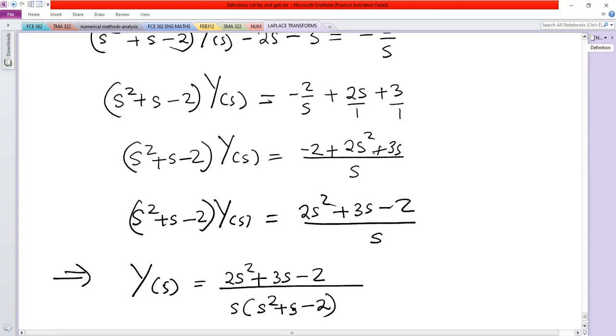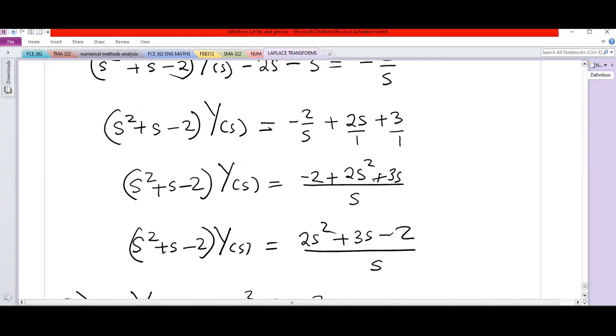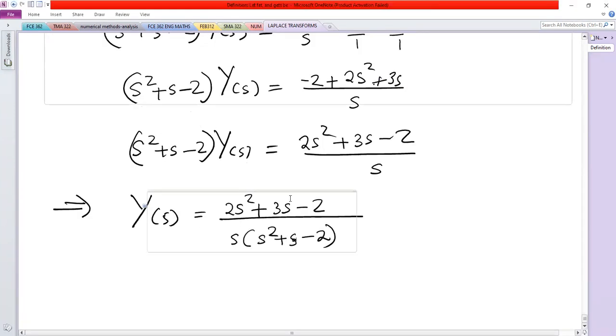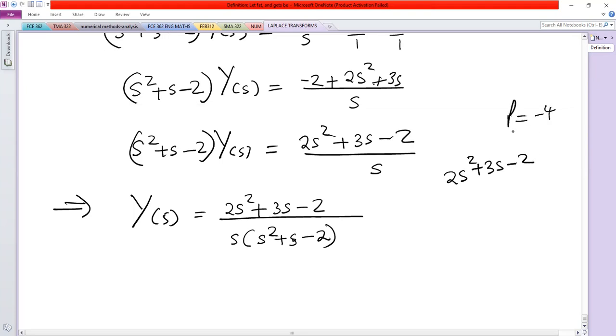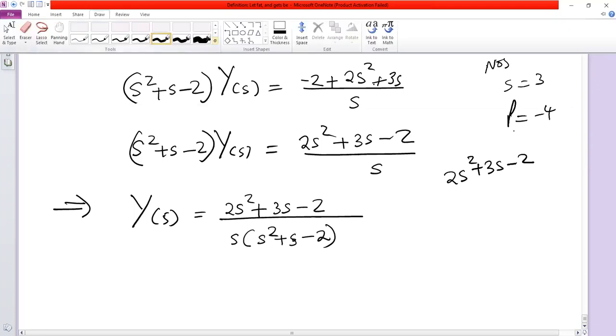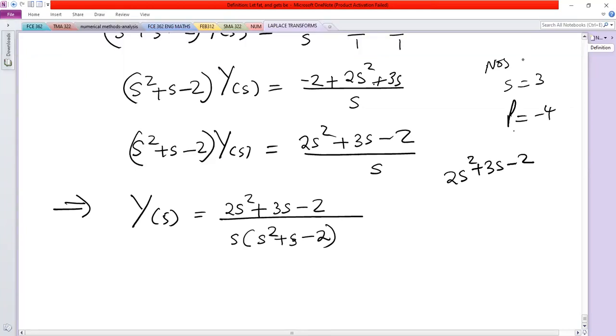Now, it's always good manners when you reach this point to see whether you can factorize these expressions and some terms cancel out. For the numerator, we have 2s squared plus 3s minus 2. Product is minus 4, sum is 3, and the numbers are minus 1 and 4. So we have 2s squared minus s plus 4s minus 2.